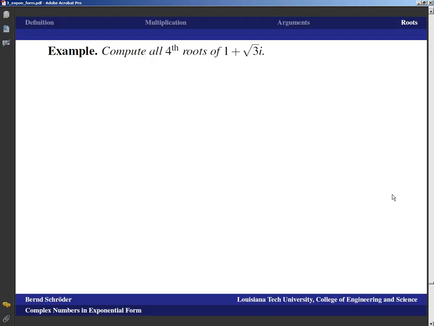Okay, another example. Let's actually concretely compute the fourth roots of 1 plus root 3 i. And 1 plus root 3 i, that's 2e to the i pi over 3. Well, why is that? The magnitude, or the modulus, is the square root of 3 plus 1, the square root of 4, which is 2.